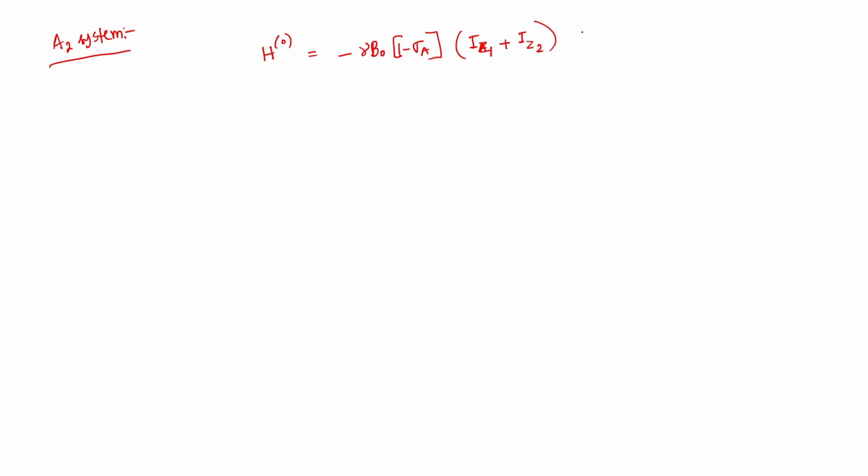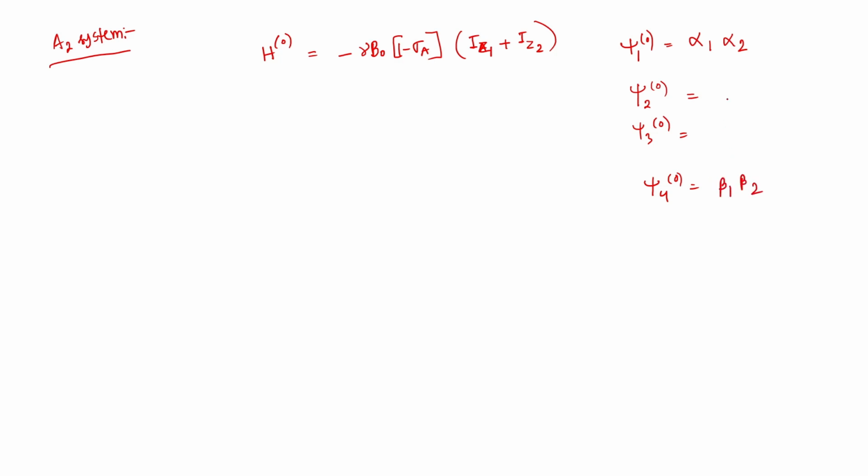For simplification I am writing I_z1, I_z2. Here the psi 1 is the same, alpha 1 alpha 2. For 2 and 3 we don't know yet; after the calculation of the energy we'll know which is 3 and which is 4. And this we know is beta 1 beta 2.